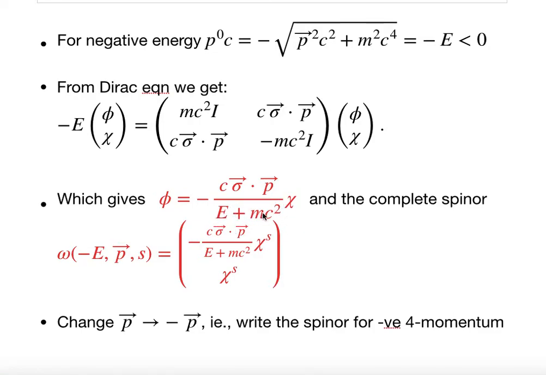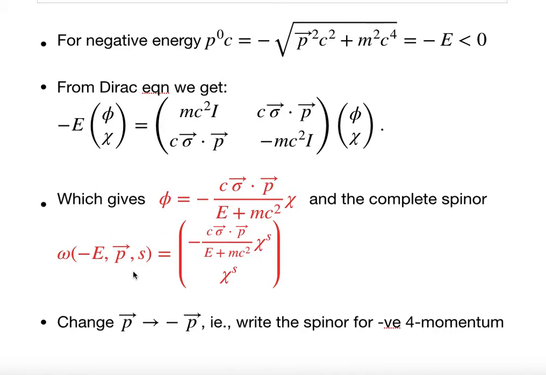So when E is equal to mc square, that diverges, so I cannot write it like that. For positive energy solutions, when I wrote chi in terms of phi, I got a positive definite quantity here, which is never 0. Similarly for the negative energy solution, I convert it in such a way that this denominator never goes to 0.